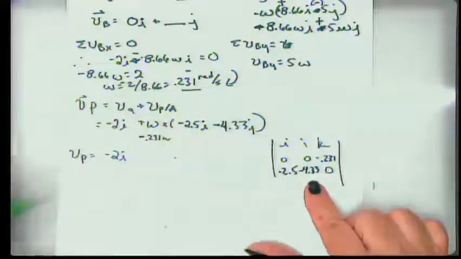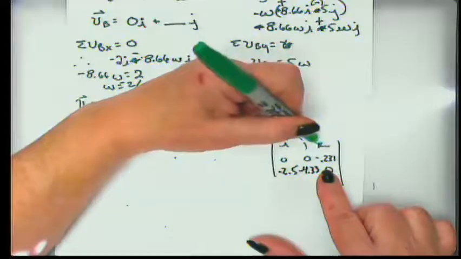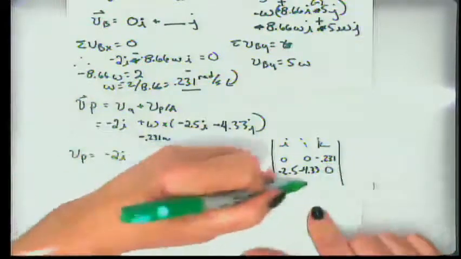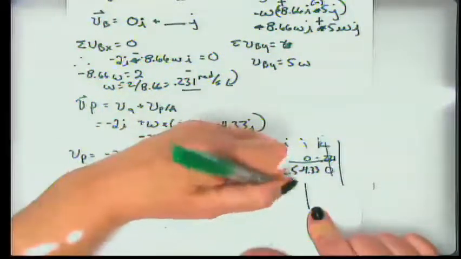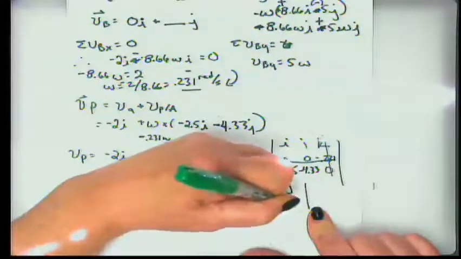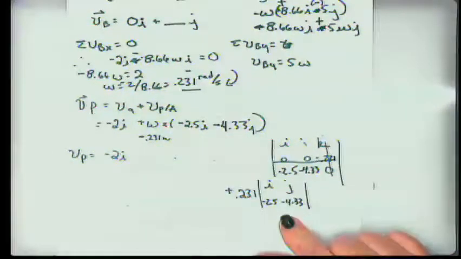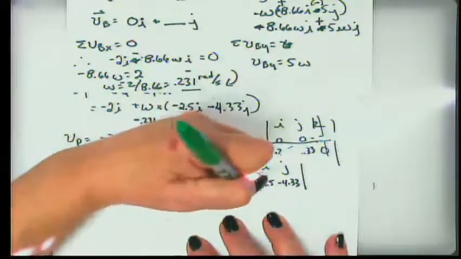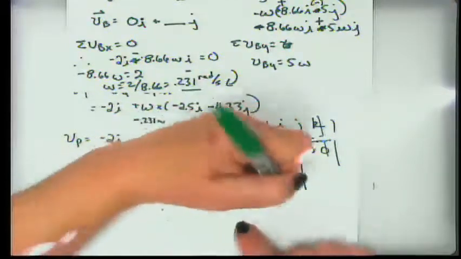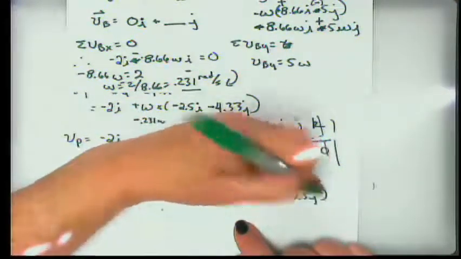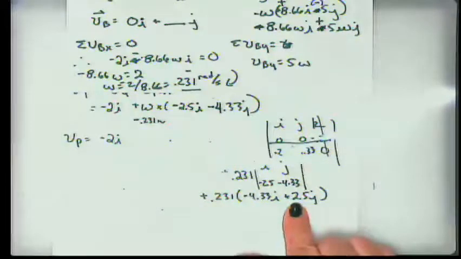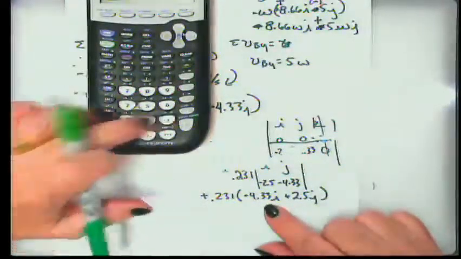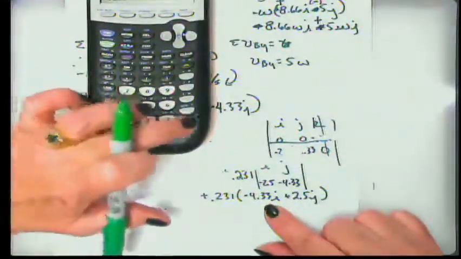All right, so same, different, same, different. So this becomes plus 0.231 times i, j, negative 2.5, negative 4.33, which is plus 0.231 times negative 4.33i minus a negative, which is plus 2.5j. So then I get 0.231 times 4.33.